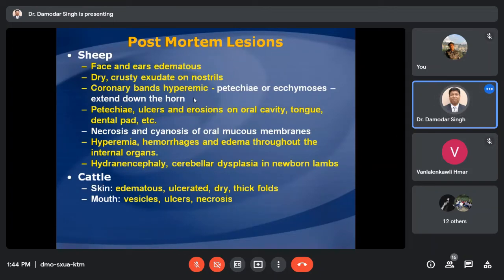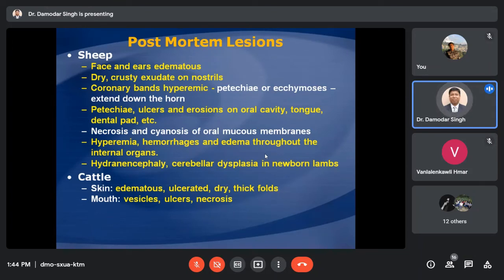Some petechial or ulcerative as well as erosive lesions can also be found in the oral cavity, buccal mucosa, tongue, as well as the dental pad, and necrotic and cyanotic lesions on the oral mucosa are also common. Hyperemia, hemorrhagic lesions, as well as edematous lesions may be found throughout the internal organs. Okay, and so far as the brain is concerned.